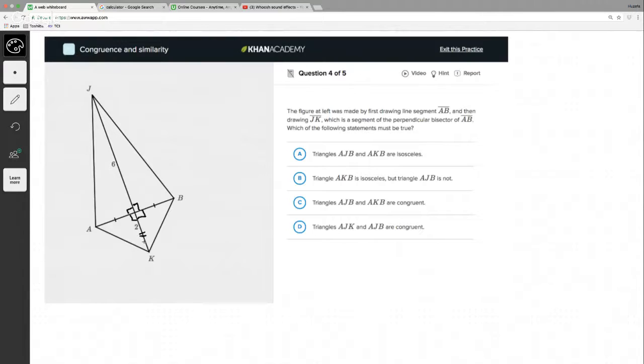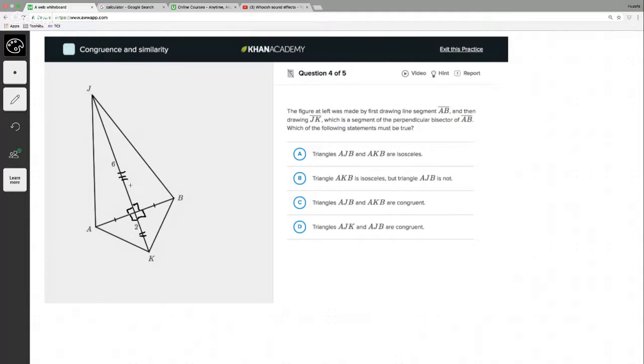This is almost like geometry-type proofs. We've got this side, these two angles, and then this side is shared by the reflexive property. It's equal to itself. These two triangles are congruent. These two triangles are also congruent. Same principle: this side and this side that we already know are congruent, these two angles, and then this side.